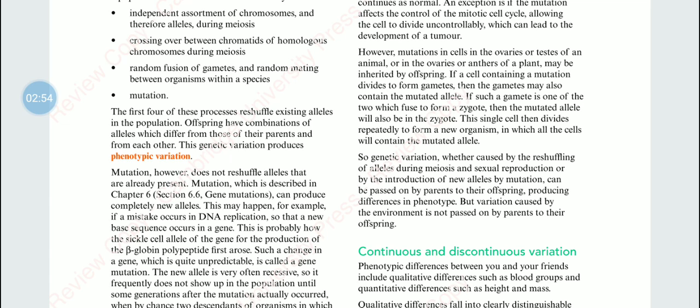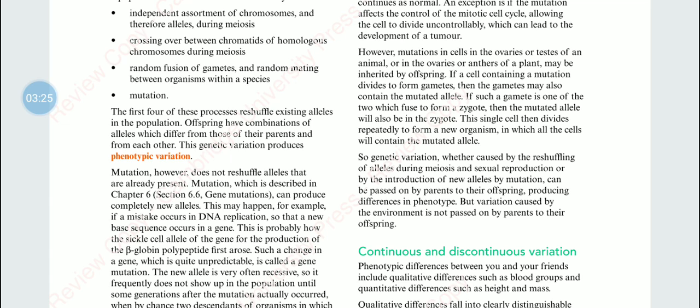Just like the earlier situations, it will go through the usual cell division, so that will be passed on from one generation to the next. That will result in different phenotypes being caused. So that is the genetic variation that is passed on from one generation to the next.